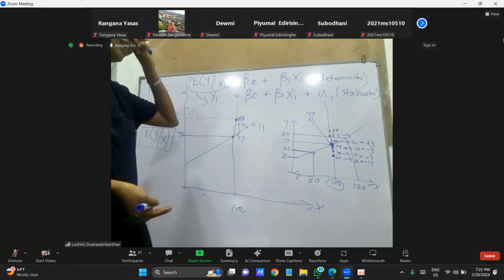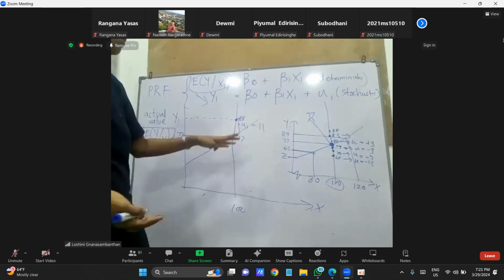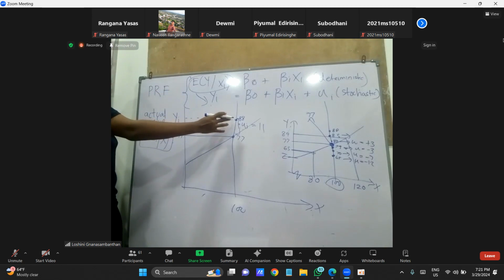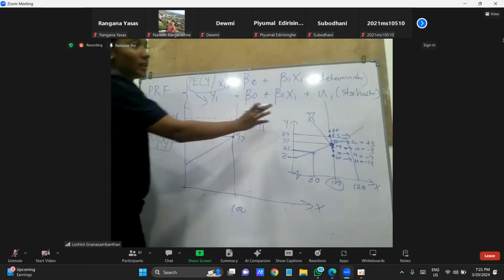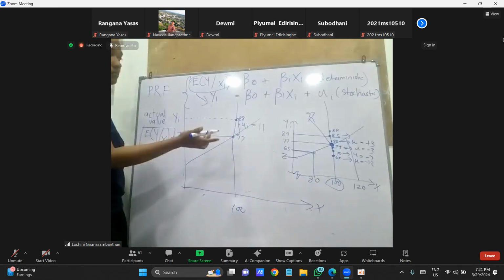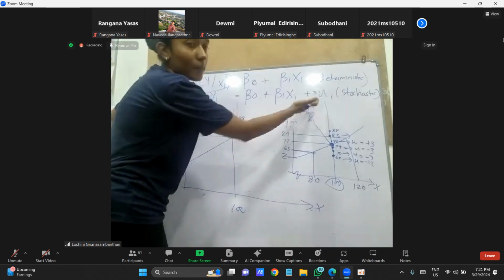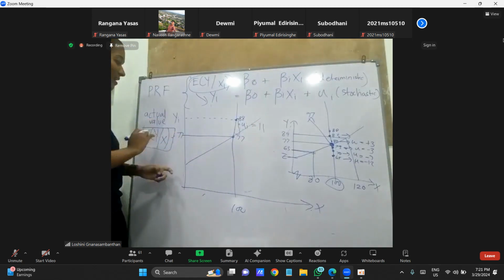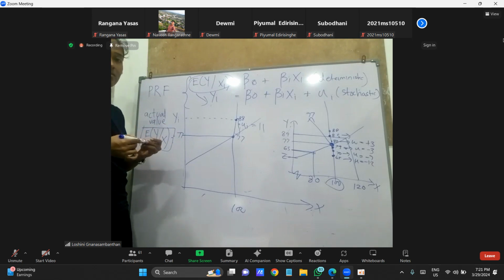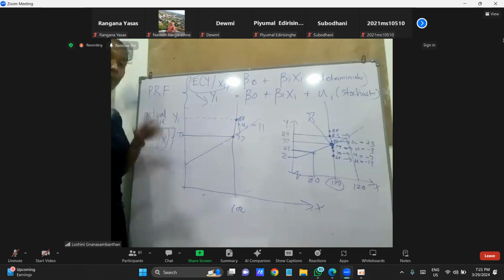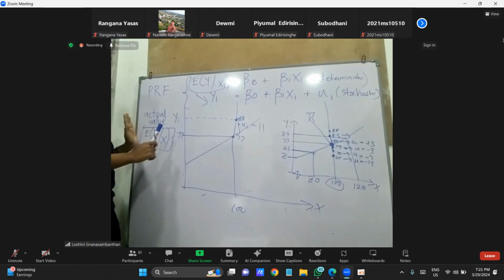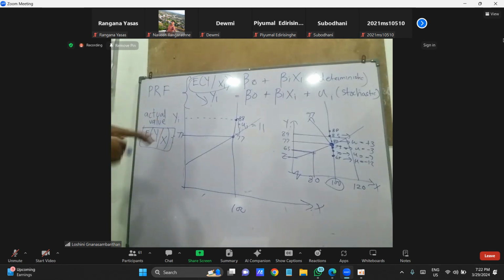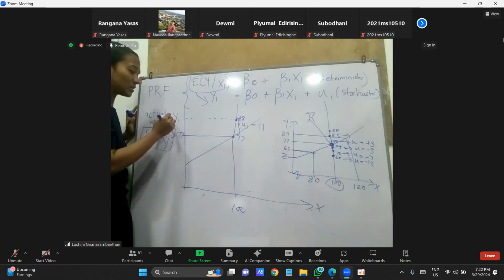So in this particular situation, when you add this u i term, it will no longer be the conditional mean. I'm talking about the population regression function. It will no longer be the conditional mean, but it will go to this.